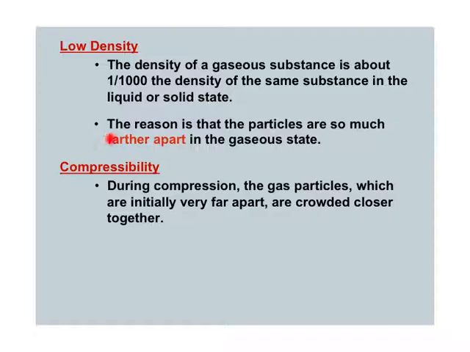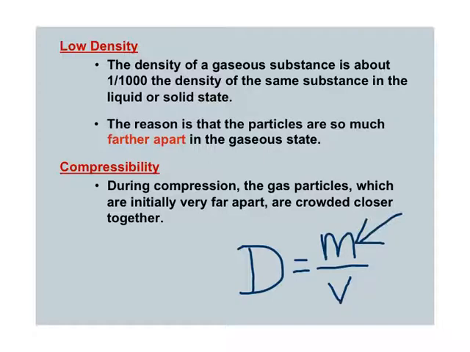This is because the particles are so much farther apart. Remember, density is equal to mass over volume, okay? So the mass of our sample doesn't change, but the volume goes way up. And whenever that happens, your density itself goes way down, okay?